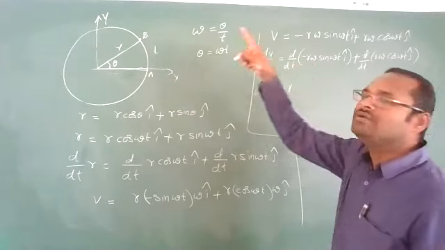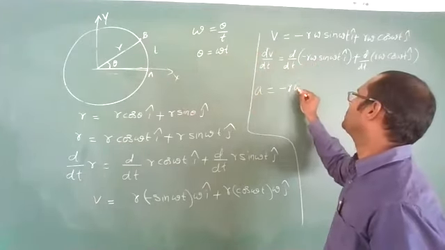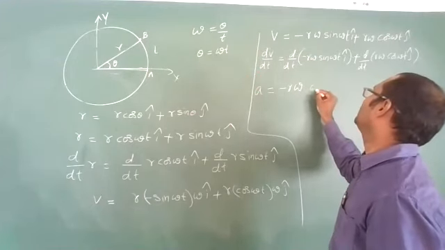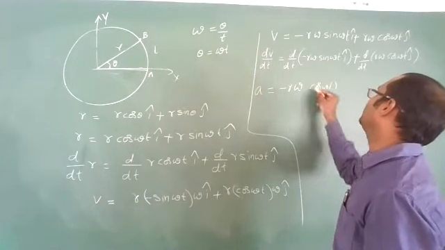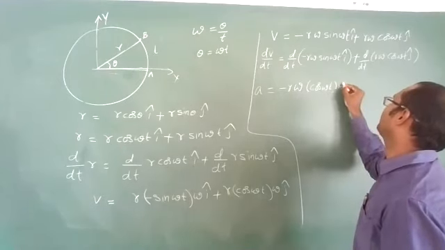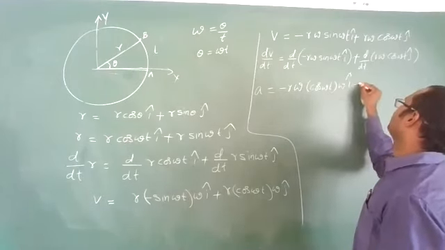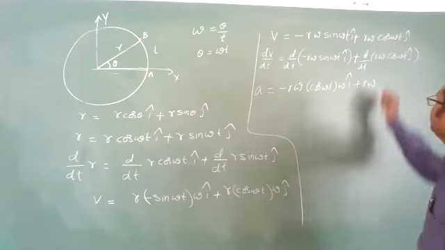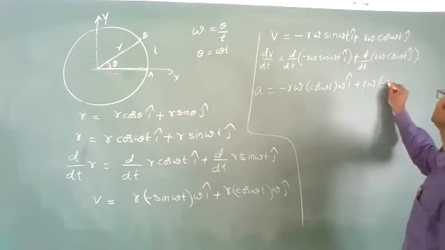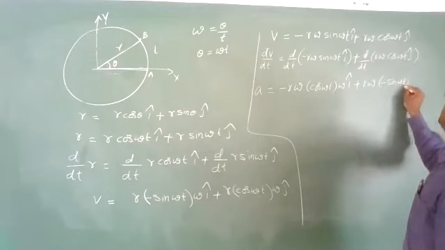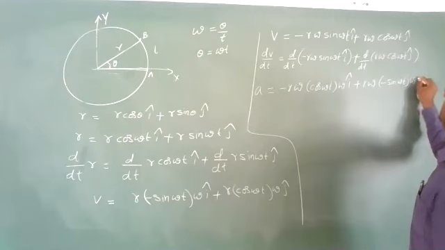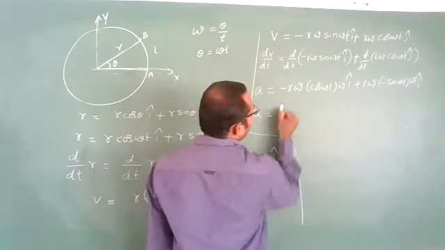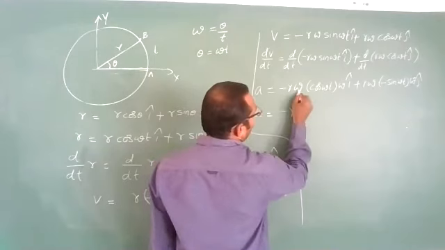Omega, uniform circular motion I am saying, so omega is also constant. Now d by dt of sin theta is nothing but cos omega t, and because of the function you get again omega i cap. Plus r omega constant taken outside. d by dt of cos theta is nothing but minus sin omega t, and because of the function you get omega j cap. Means your acceleration you are getting minus r omega into omega.